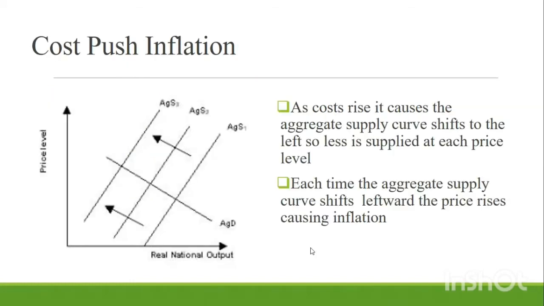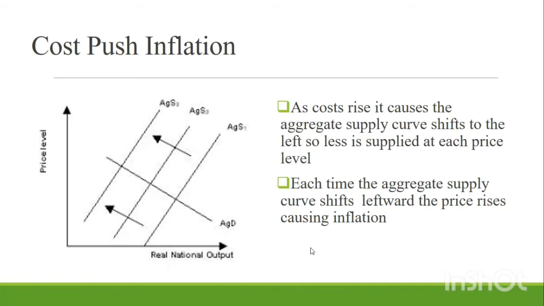Now we will explain the cost push inflation with the help of a diagram. In this diagram, the price is on the y-axis and the real national output or GDP on the x-axis. The downward sloping curve shows the aggregate demand, and the upward sloping curve shows the aggregate supply.